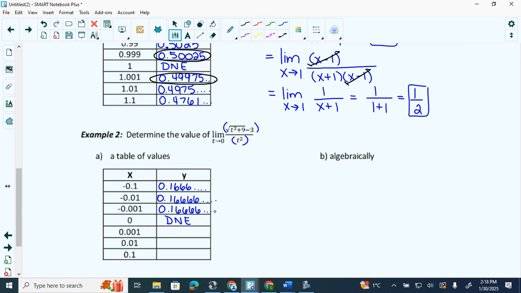Okay. And then these are going to be the same thing. Now, unless you know what 0.1666666 repeated is in a fraction, you're probably going to leave it.